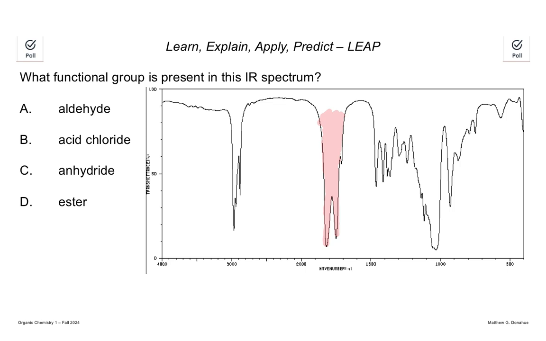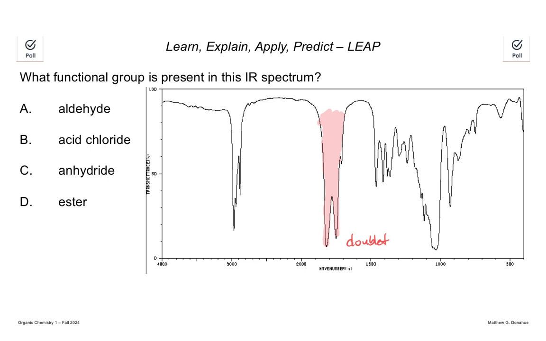So we would say that that carbonyl region looks sort of like a doublet. And based on what you know about what makes up a functional group, which one of those do you think would give rise to a signal that looks like that?